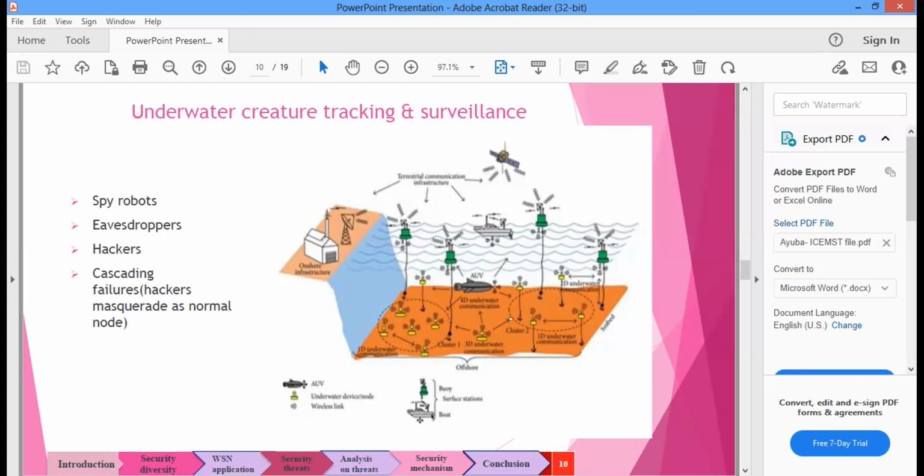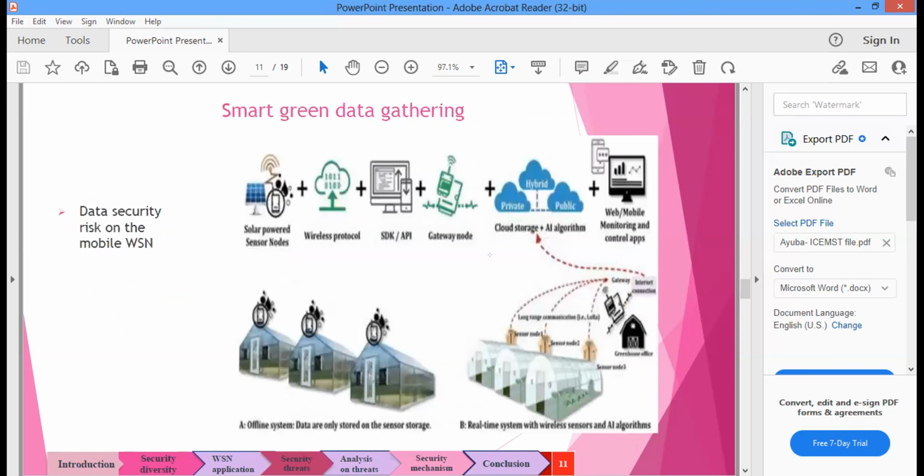But the major security challenge here is that a spy robot can be sent in to steal sensitive information from the sensors on the network, or a hacker can hack through the network to distribute a virus or malware that can affect the whole functionality of the system.